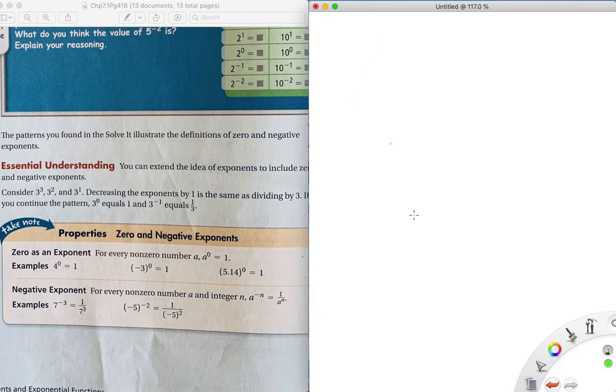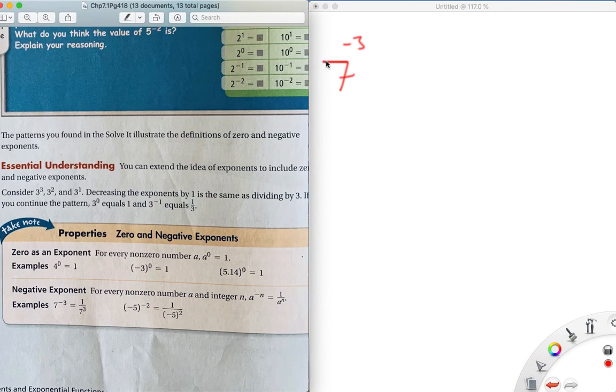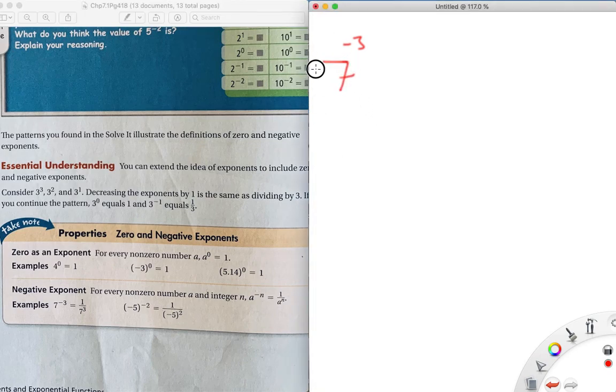Negative exponents. If we have a negative exponent, this negative does not mean that we're dealing with a negative number.